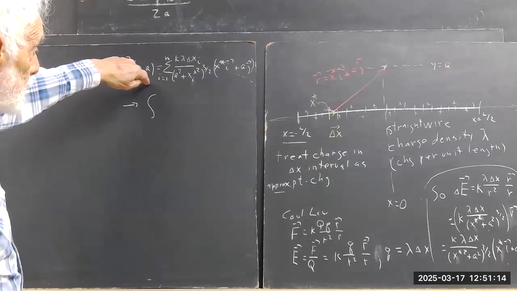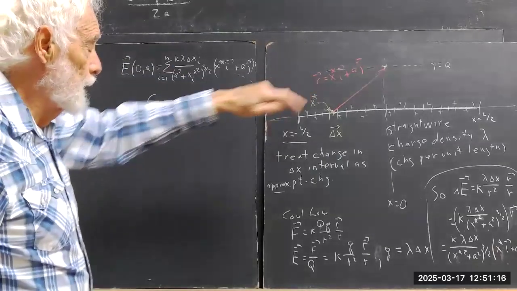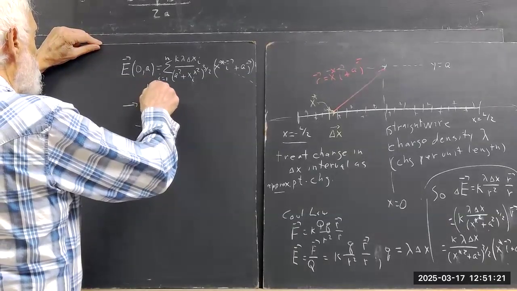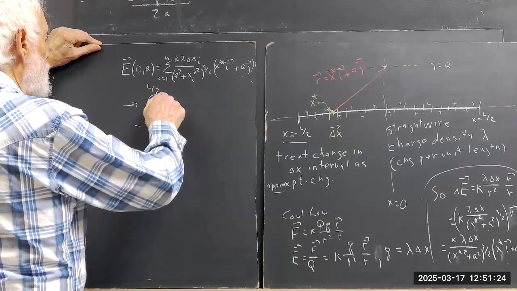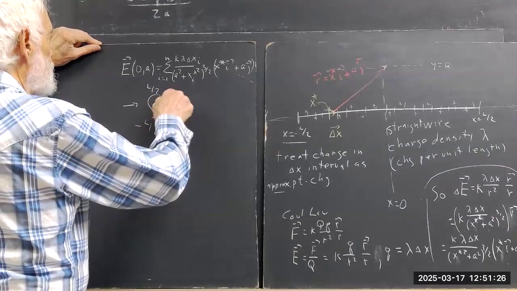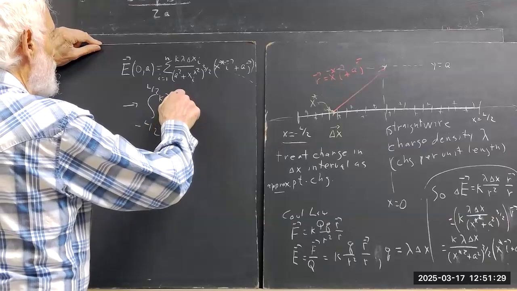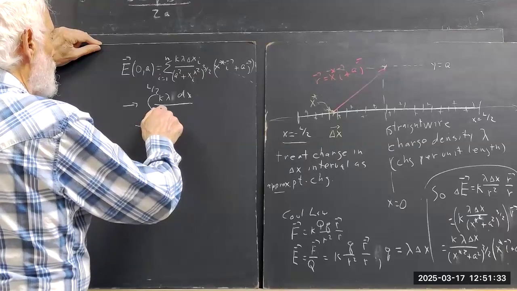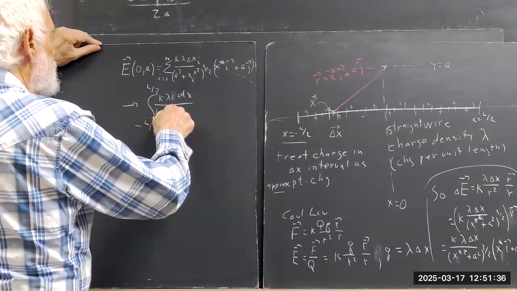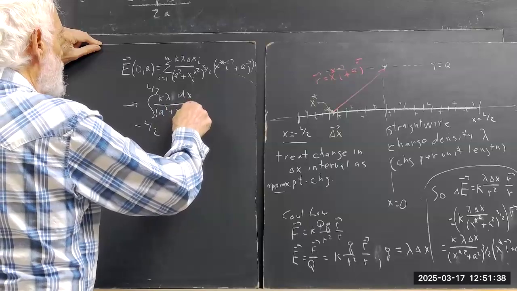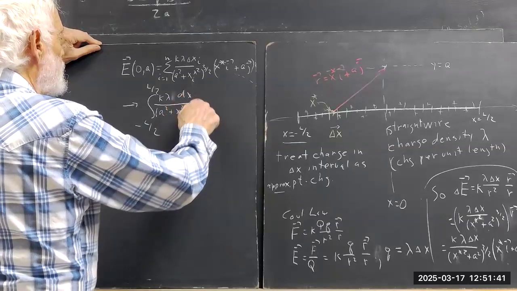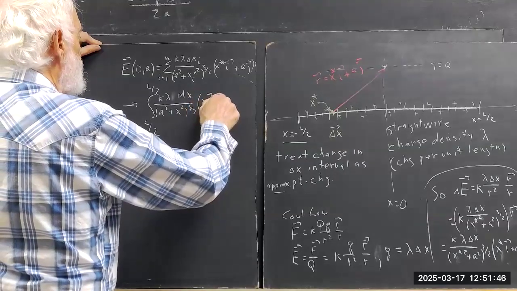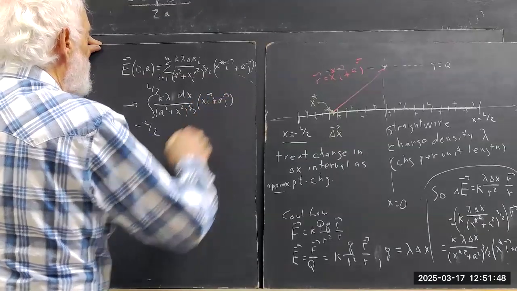Okay, so we do this, and now our intervals become x_i stars, and they run from negative L over 2 to L over 2, integrating k lambda x dx over a squared plus x squared to the 3/2 times i plus a j.